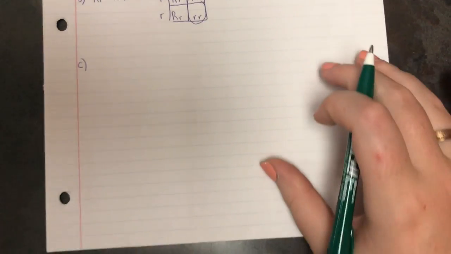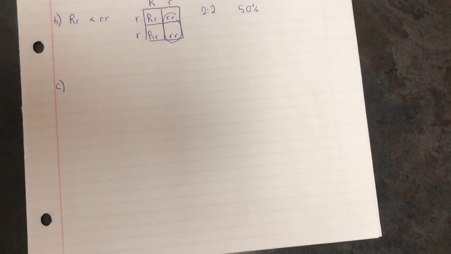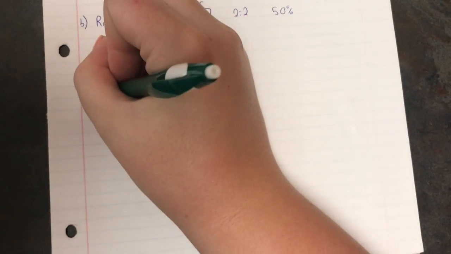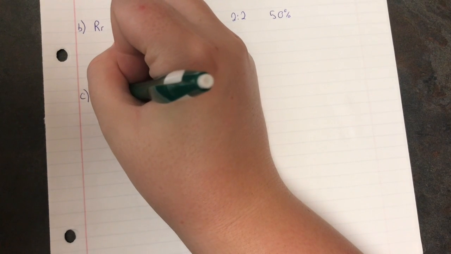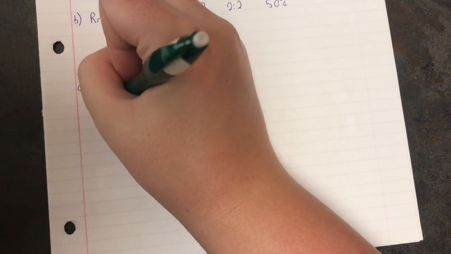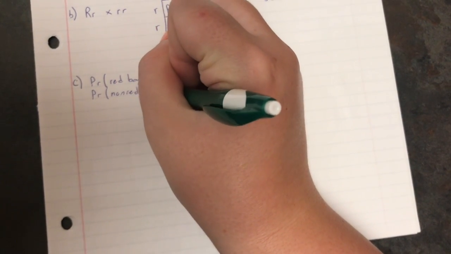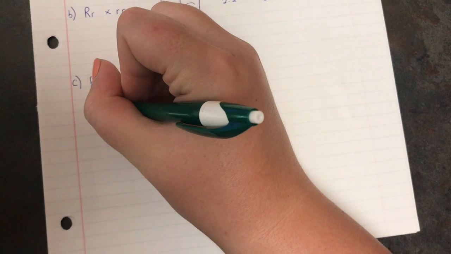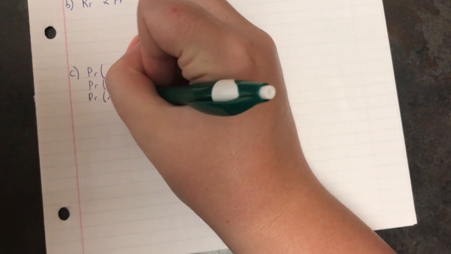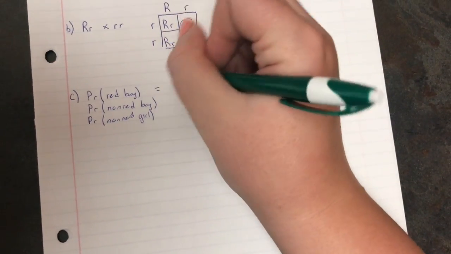So starting off, we need to determine our probability of everything that's not a redheaded girl. So we're going to start with our probability of a redheaded boy, our probability of a non-redheaded boy, and the probability of a non-redheaded girl. Each one of these we can calculate pretty simply.